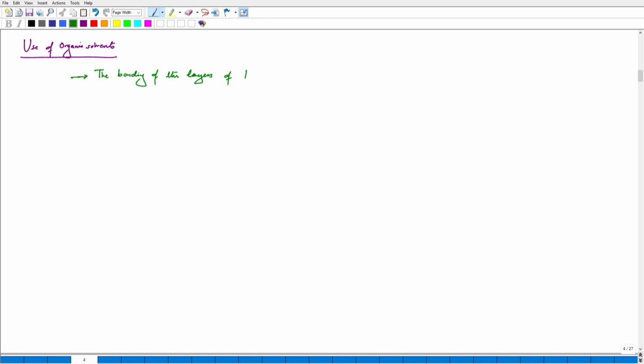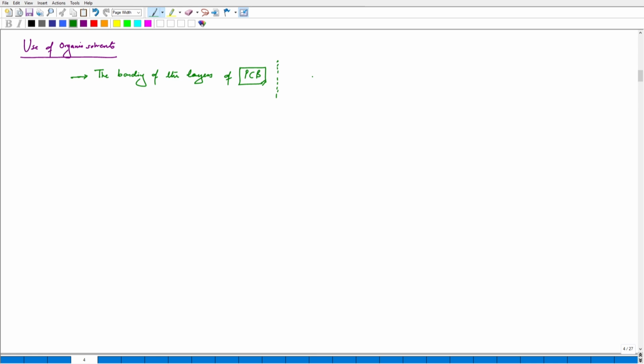The bonding of the layers of PCB. Now we are writing PCB because we assume that this is in the context of the manufacturing stage. So when we're talking about bonding of the layers of PCB, we must expect that it should survive the operation conditions and it should not get damaged due to physical or other various forces that it experiences during its service.